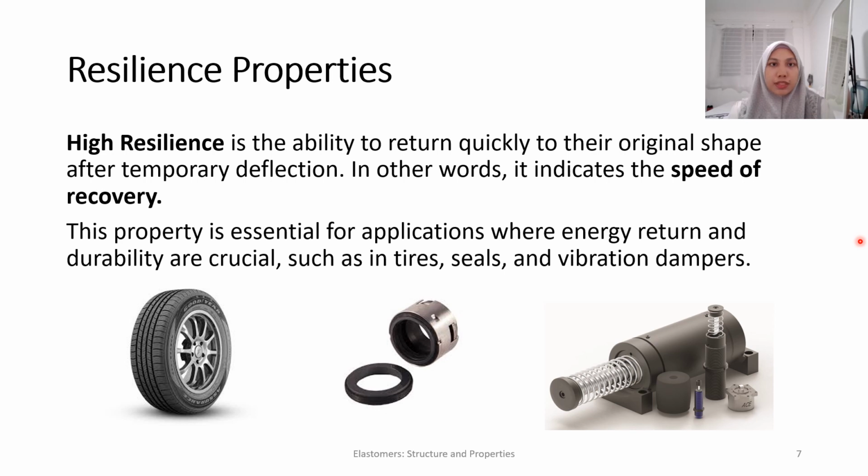And other properties of elastomers are low permeability to air, gases, water and steam, good electrical and thermal insulation, good mechanical properties, the ability to adhere to various fibers, metals, and rigid plastics.